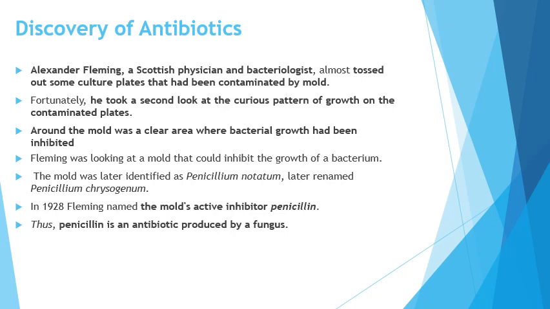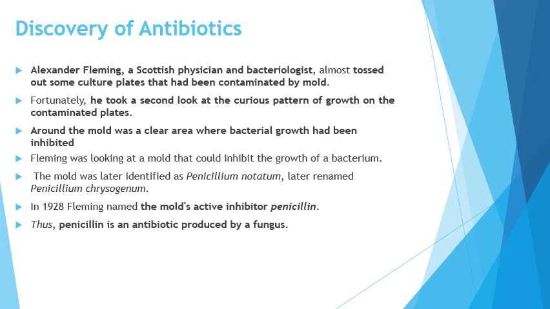Alexander Fleming was a Scottish physician and bacteriologist who discovered an antibiotic. Fortunately, he took a second look at the curious pattern of growth on the contaminated plates: around the mold was a clear area where bacterial growth had been inhibited.